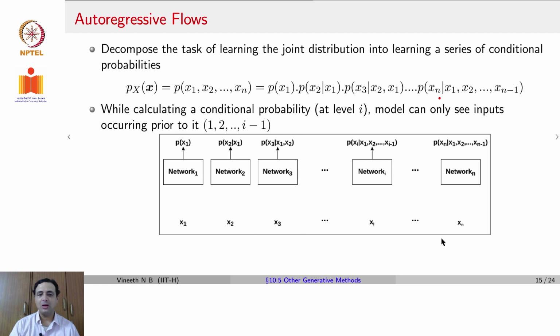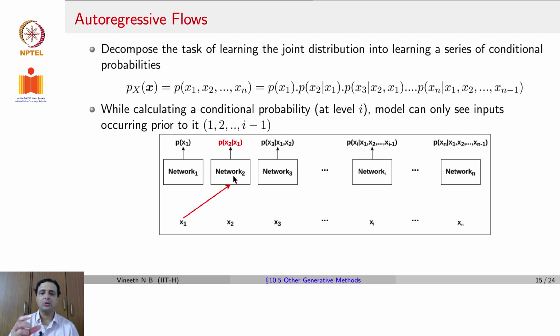If you had x1 to xn as different dimensions of an input, x1 is used as input to a second network, which can predict the probability of x2 given x1.